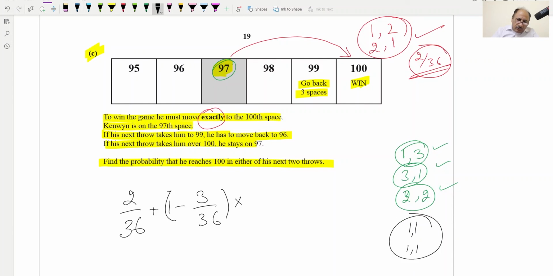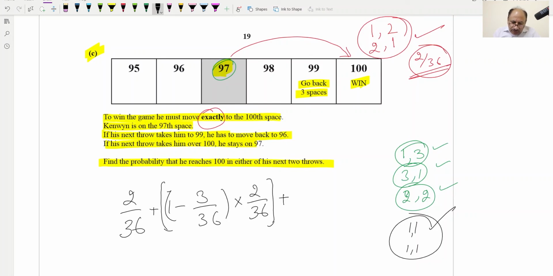So these two probabilities will be, if he gets 1 1 and 1 1, in that case also he will be going back to 96. So it will be multiplied by 2 over 36, and this will be another case which we have included. So this probability is also included.